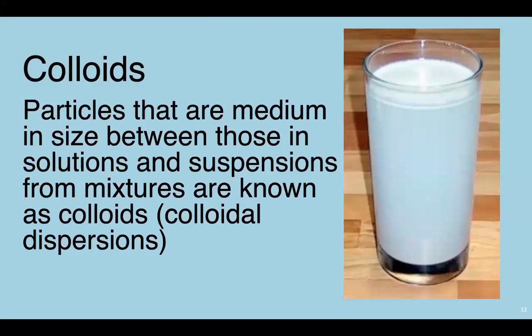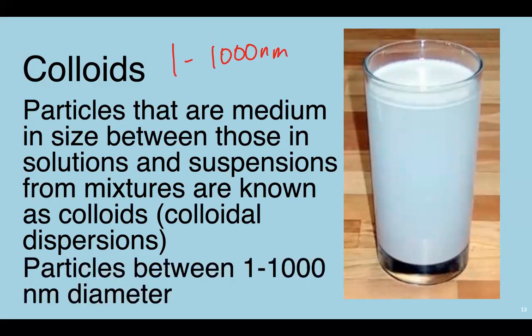Colloids are mixtures where the particle size is between solution and suspension. So that would be anywhere from 1 to 1,000 nanometers. And these are called colloids or colloidal dispersions. Okay, so between 1 and 1,000.